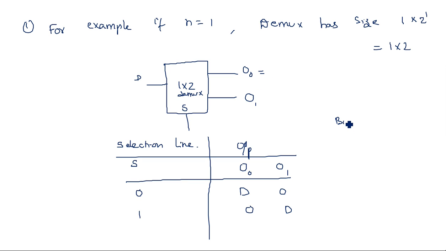The Boolean expression for outputs: see, for a 1 by 2 demultiplexer, O0 is equal to D when S is complemented, and O1 is equal to D when it is S. This is D multiplied with the selection line.